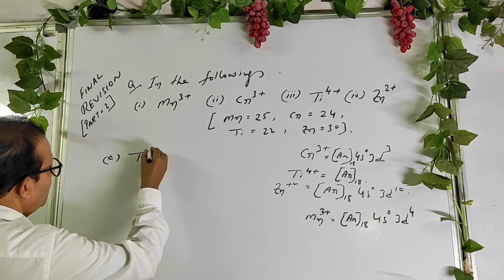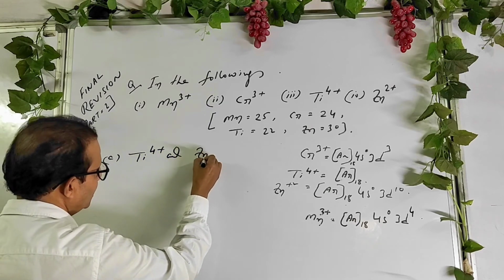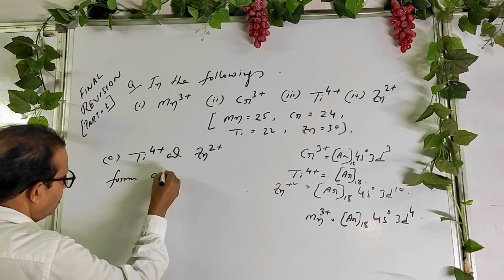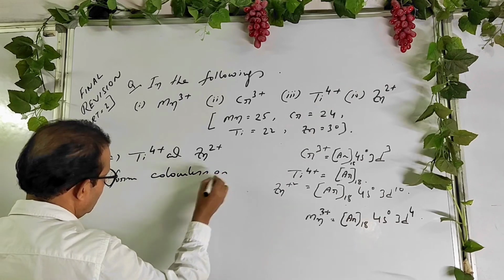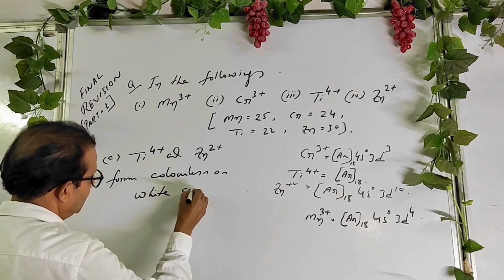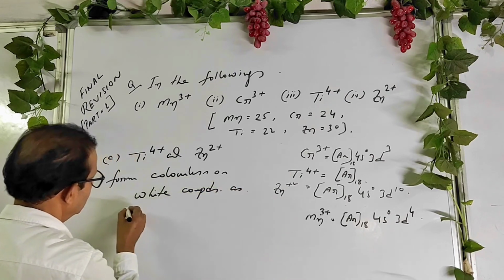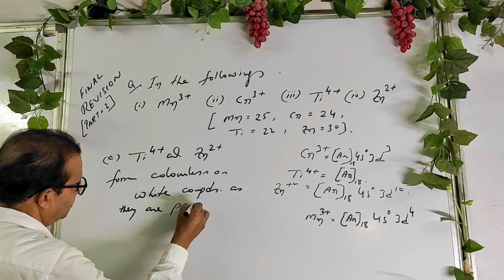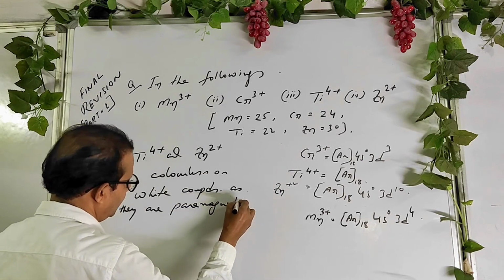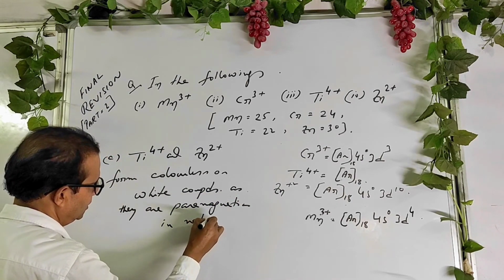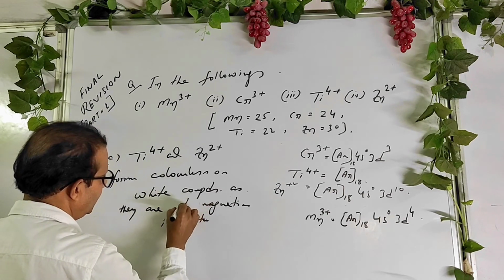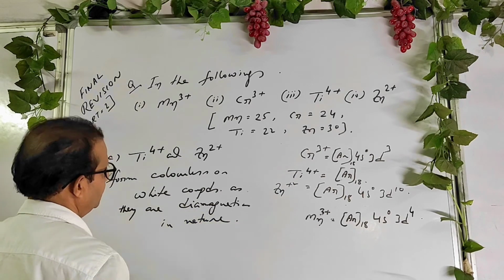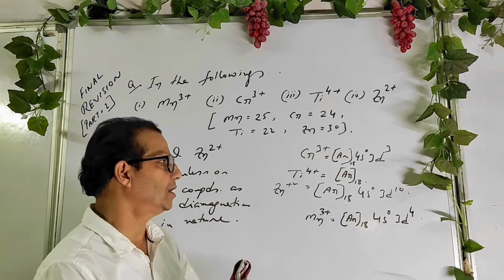So Ti 4 positive and Zn 2 positive form colorless or white compounds as they are diamagnetic in nature. Diamagnetic means all the electrons are paired.